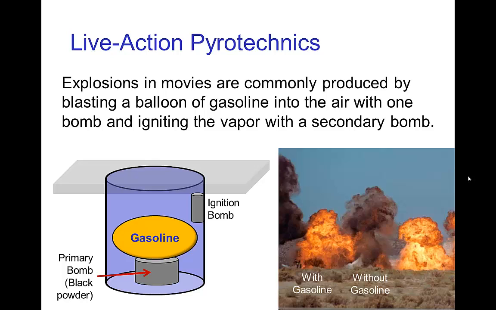So what is commonly done is to create an impressive deflagration explosion by having a balloon of gasoline, which is basically vaporized and thrown into the air, and then lit using a second smaller explosive. So you use one explosive to throw the gasoline up into the air, and then a second one to ignite it.